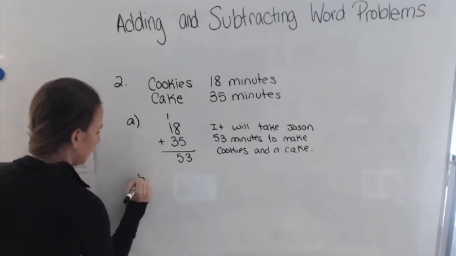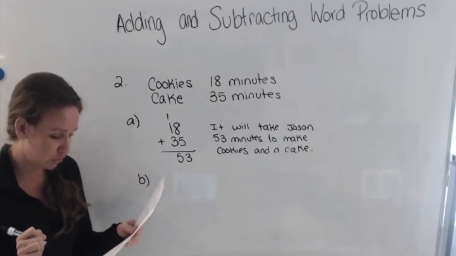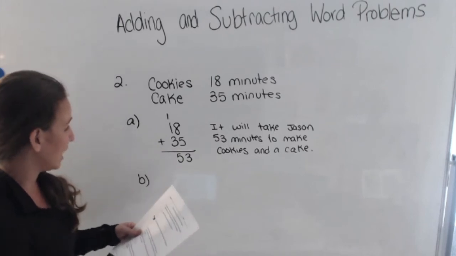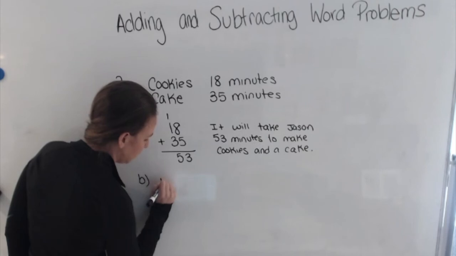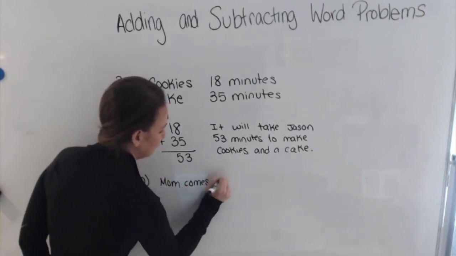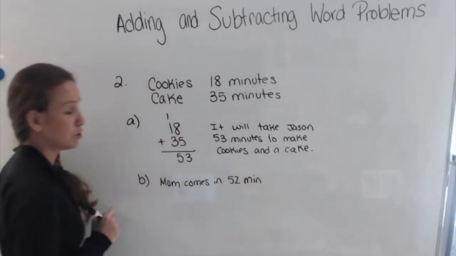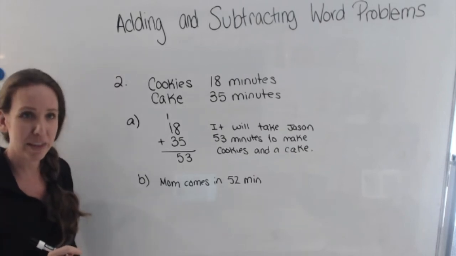Let's do part B. If Jason's mom comes home in 52 minutes, will he have enough time to bake the cookies and the cake before his mom returns? So I have a question. If his mom comes in 52 minutes, but it will take him 53 minutes, will he have enough time to make everything?